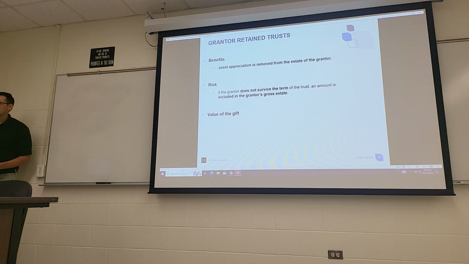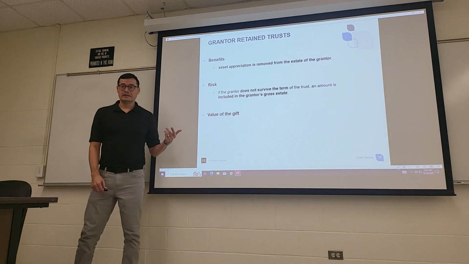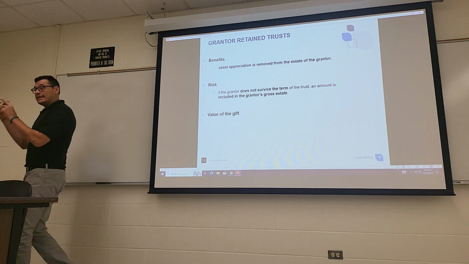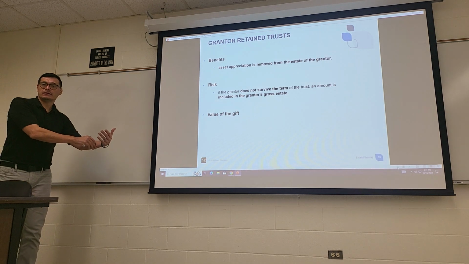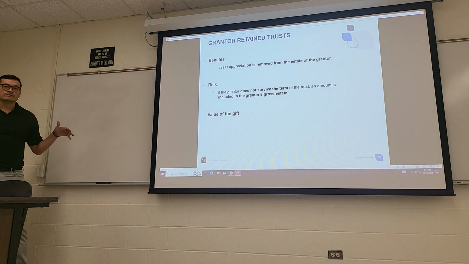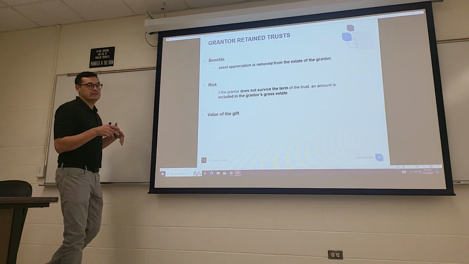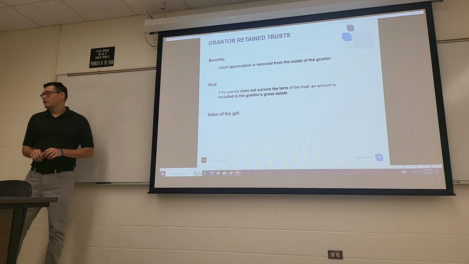Now, the risk to all of these is that these trusts have terms, 5 years, 10 years, 7 years. If the grantor does not survive the term of the trust, because they have a retained interest, it is included in their gross estate. Had they given up all interest and passed the 3-year look-back period as a gift, they wouldn't have to worry about that.